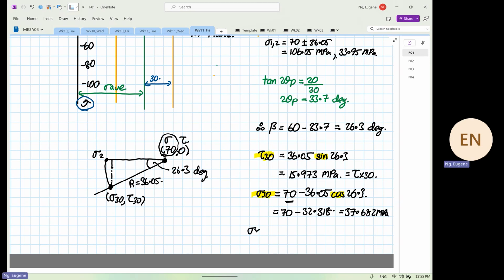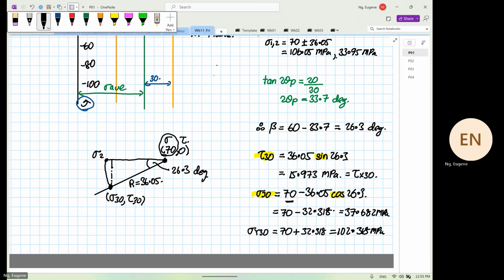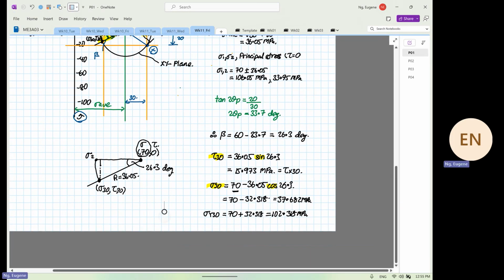From that, you can calculate your stress Y30 is going to be 70 plus 32.318. So 70 plus 32.318 is equal to 102.318 megapascal. Okay. So we have our values now.